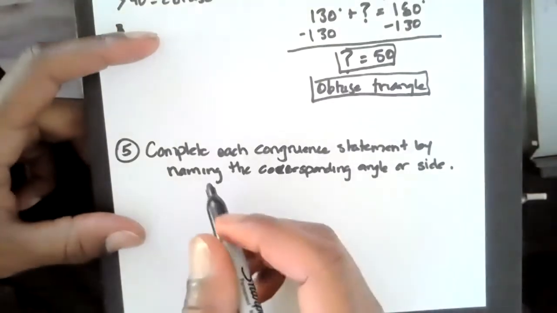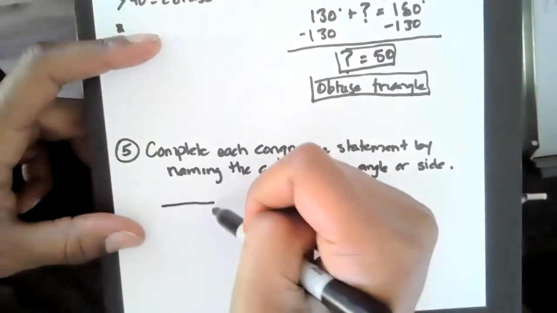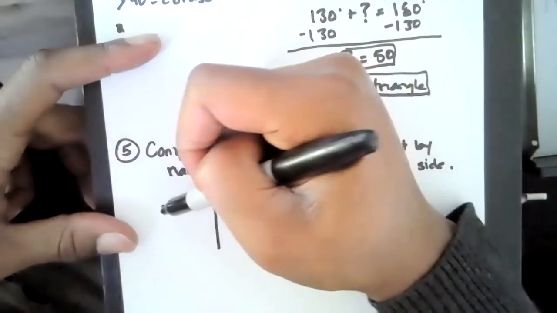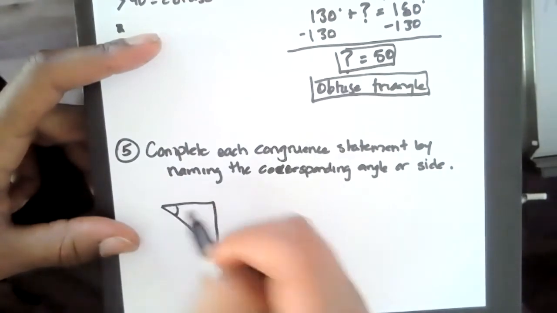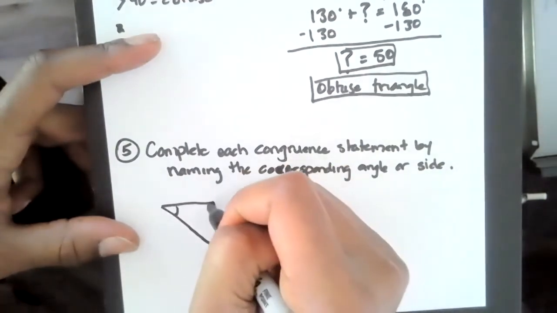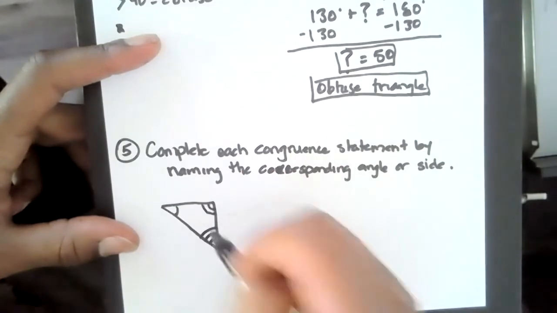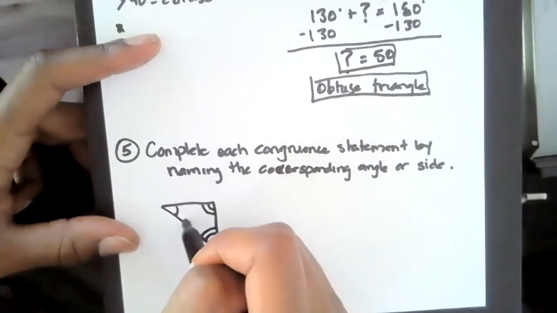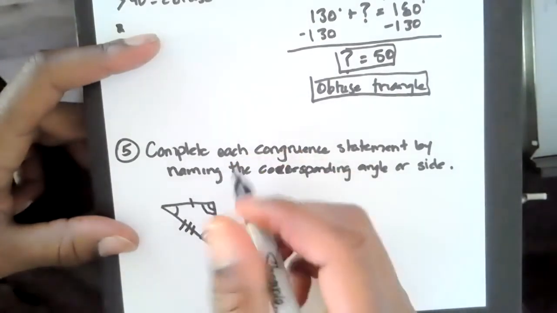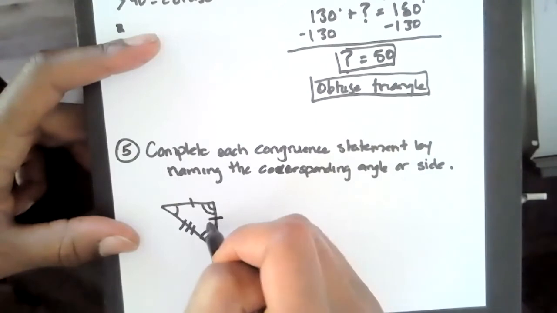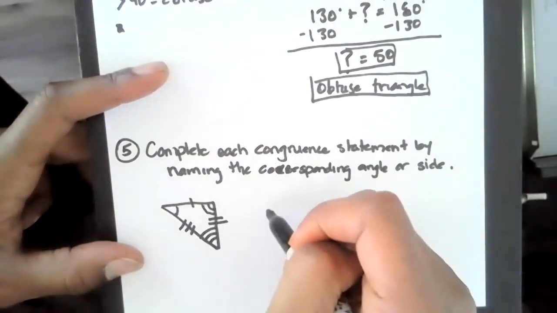That gives us a triangle that looks like this. It gives us these marks. Right? And then they give us another triangle.